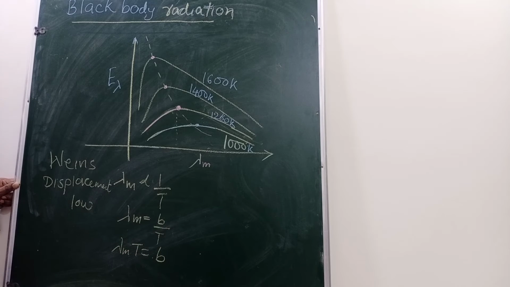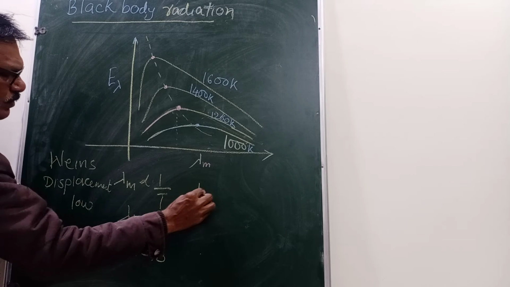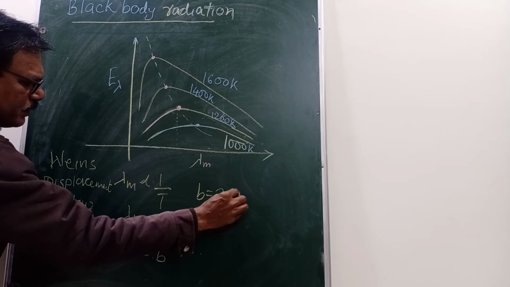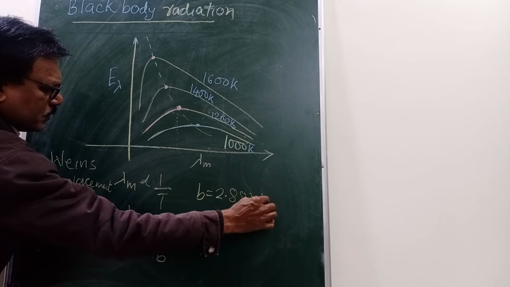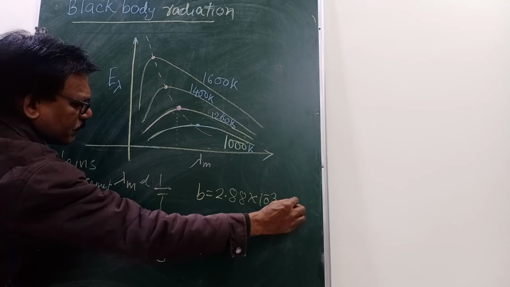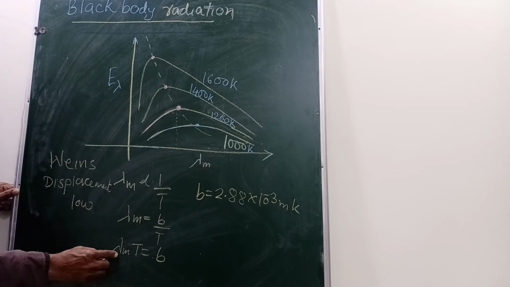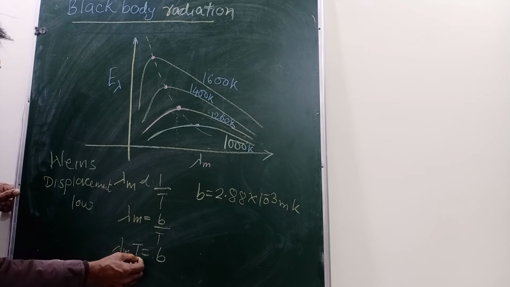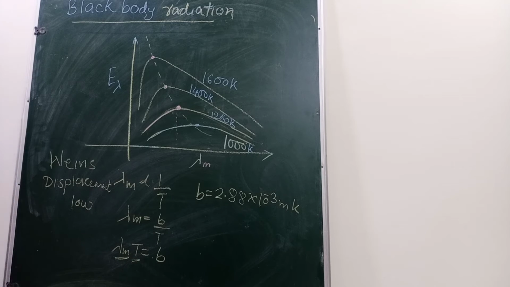This b is a constant and its value is 2.88 times 10 to the power minus 3 meter Kelvin, because lambda's unit is meter and T's unit is Kelvin. This is Wien's displacement law, and it is very important for us. From black body radiation, Wien's displacement law came.